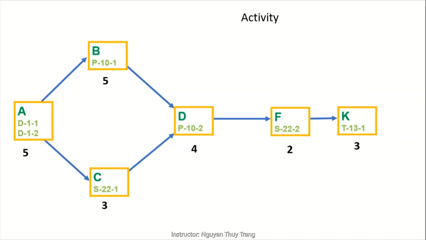You might want to use equipment, tools, or material to complete that activity. However, an activity of waiting does not use any resource. In this network, activities are A, B, C, D, F, and K.